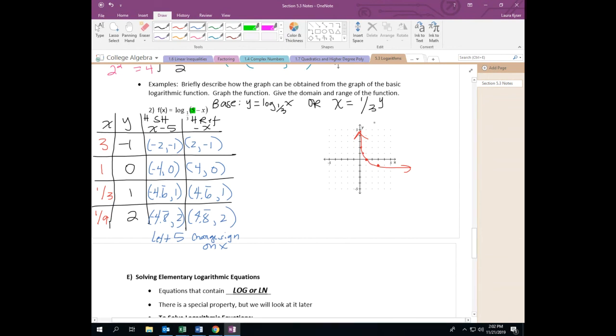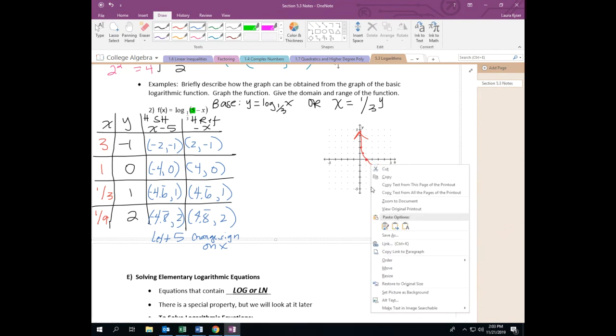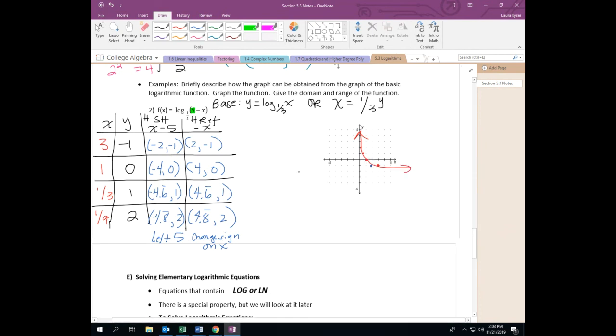And so this is the graph of my base function, which they didn't say to do, but I just put it on here so we could look at it. Now I'm going to plot my new points that are going to give me my new picture. And they look like 2, -1, which is here, and 4, 0, and 4.6, which is like right here maybe, 1, and then it looks like 4.8, 2.